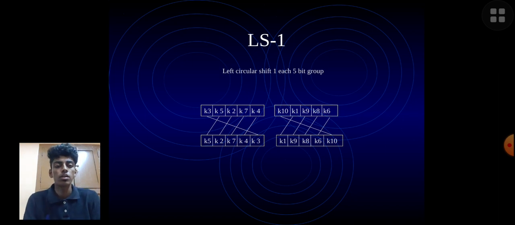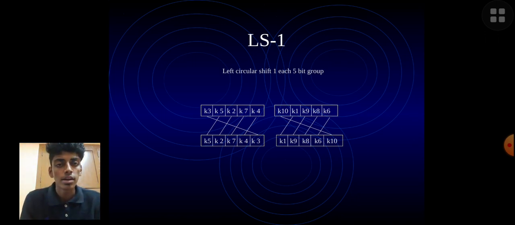LS1, as I said already, is the left shift by one position. We can see it in the PPT: K3, K5, K2, K7, K4. The first position is shifted to the last one.